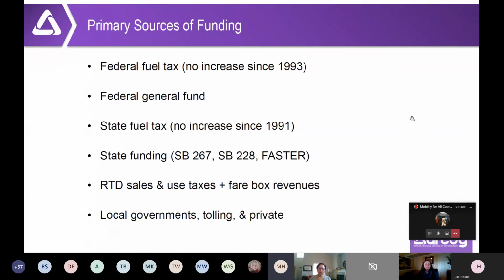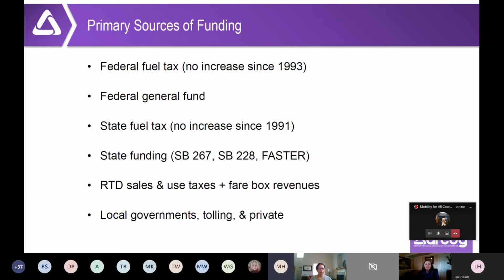And so I mentioned the fiscally constrained plan before. These are the primary sources of funding that go into our formulations for the plan. So, as many of you know, the federal fuel tax and the state fuel tax haven't been increased in a long time. You partner that with better gas mileage for vehicles, and it's not providing nearly enough revenue for transportation.